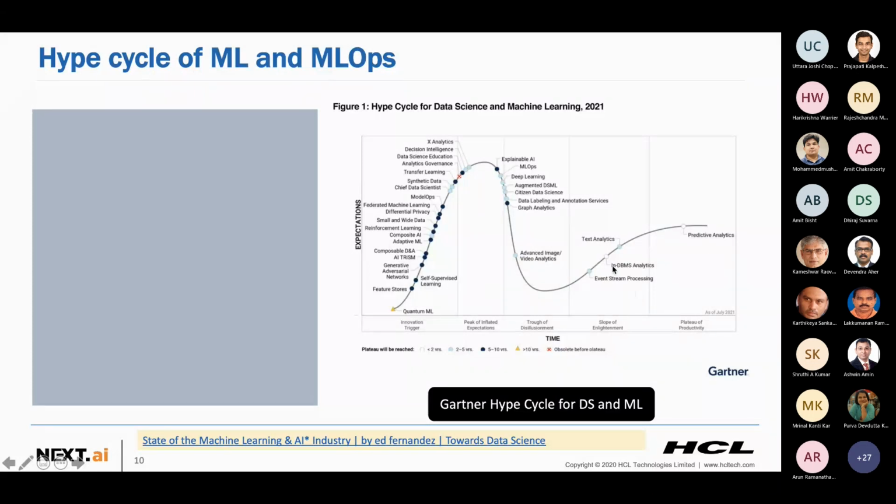Once a technology reaches the slope of enlightenment or plateau of productivity, it is being adopted by a larger audience, and that is where it becomes mature. So it is not dependent on MLOps. Here you can see a lot of tools, and each of them would end up in one of these phases with respect to the time defined at the bottom.